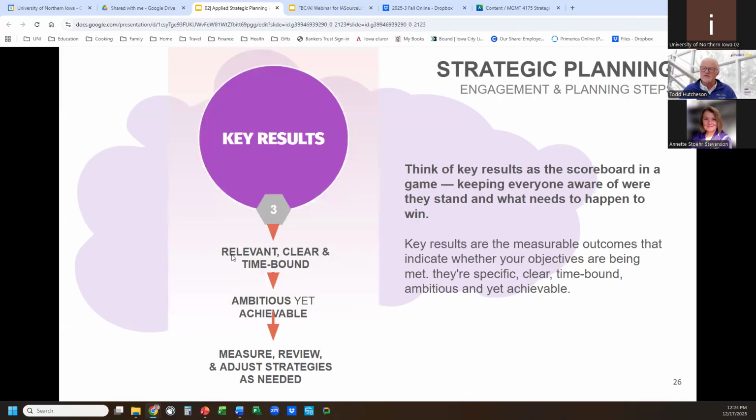Key results, the scoreboard. There's a lot of different books out there in a lot of different ways, but key performance indicators, KPIs, or OKRs. You see all sorts of different terminology, but basically what you're doing is you're putting a scoreboard together. How am I going to measure success?